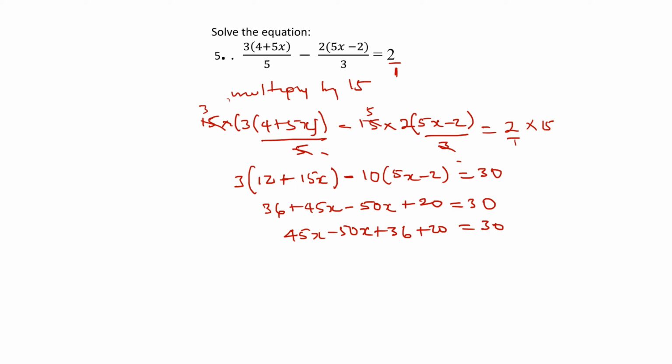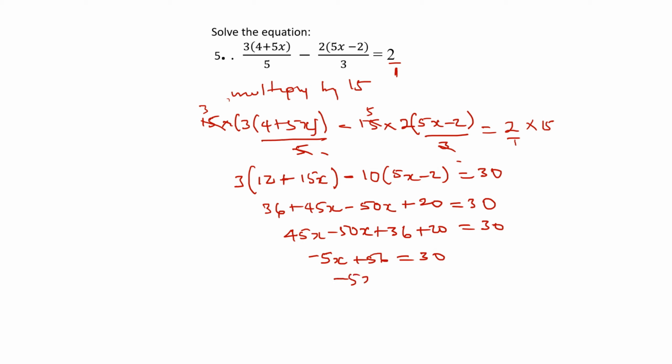Since the bigger number is 50 and the sign is negative, you subtract and you take the sign of the bigger number. So 45x minus 50x is negative 5x, and then we add plus 36 plus 20 is 56 is equals 30.